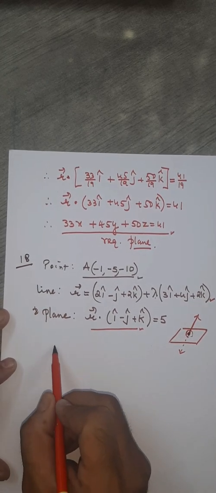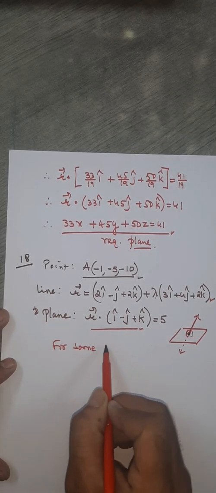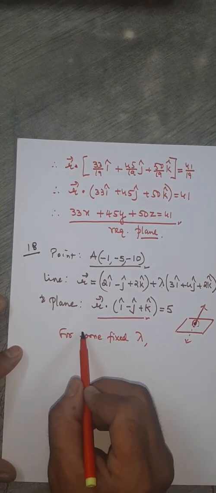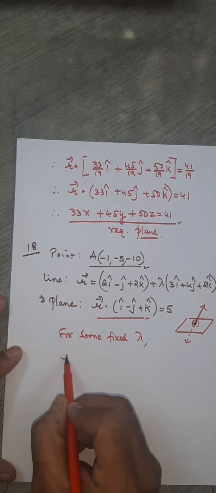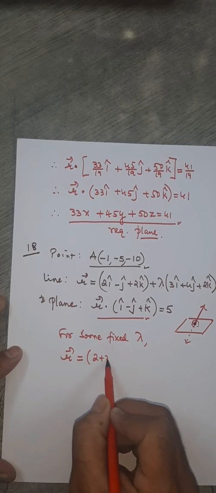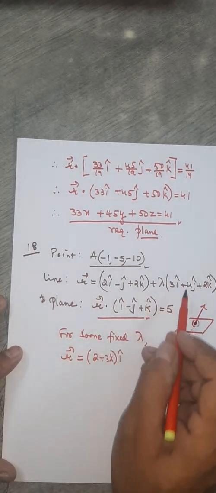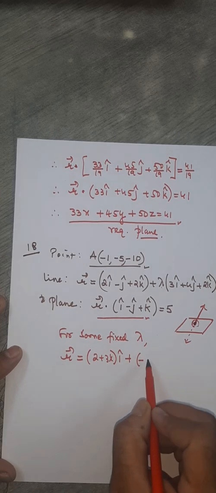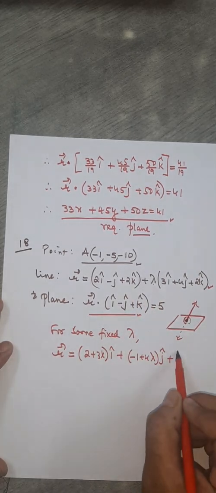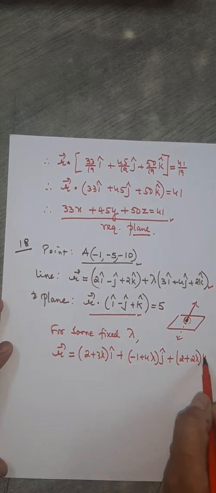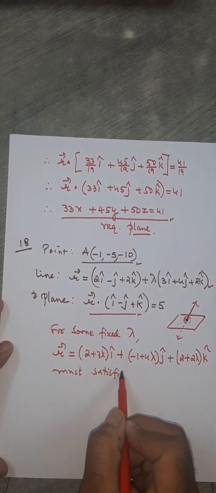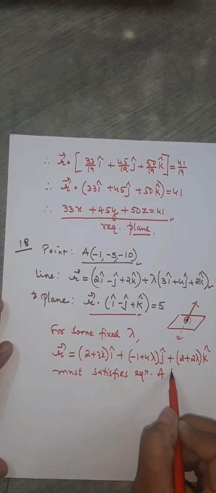So for fixed lambda, r equals, I'm writing in ijk form, (2 plus 3 lambda) i cap plus (minus 1 plus 4 lambda) j cap plus (2 plus 2 lambda) k cap must satisfy the equation of the plane.